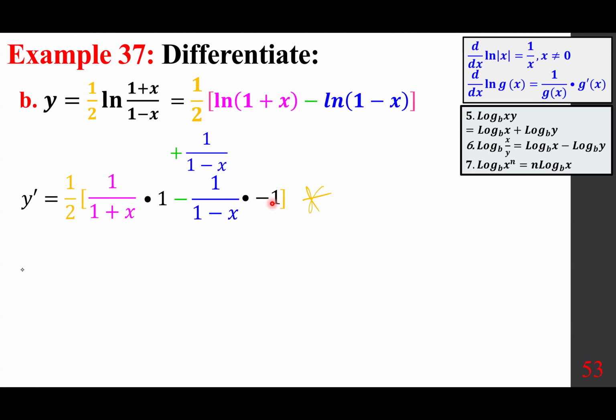So 1 half remains outside. What's inside? The product of 1 plus x and 1 minus x would be our common denominator. So 1 half remains. The product of these two is the common denominator. So 1 times (1 minus x), and then the plus 1 times (1 plus x).